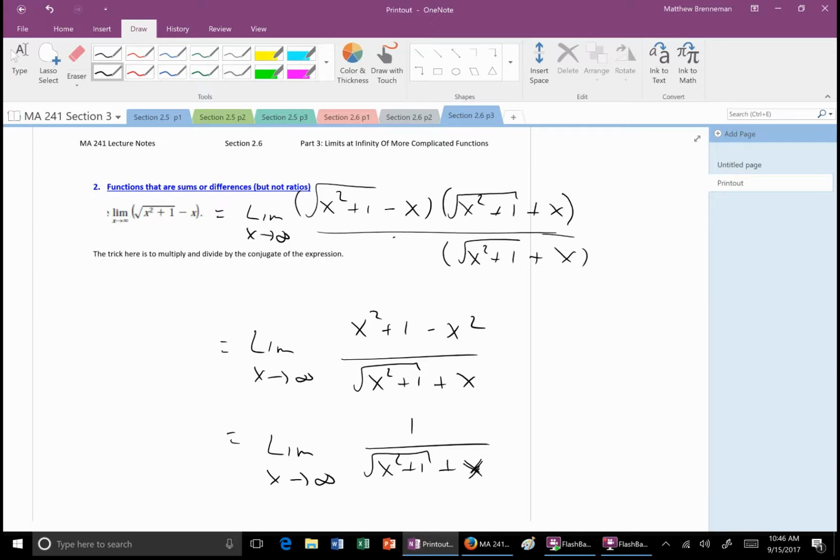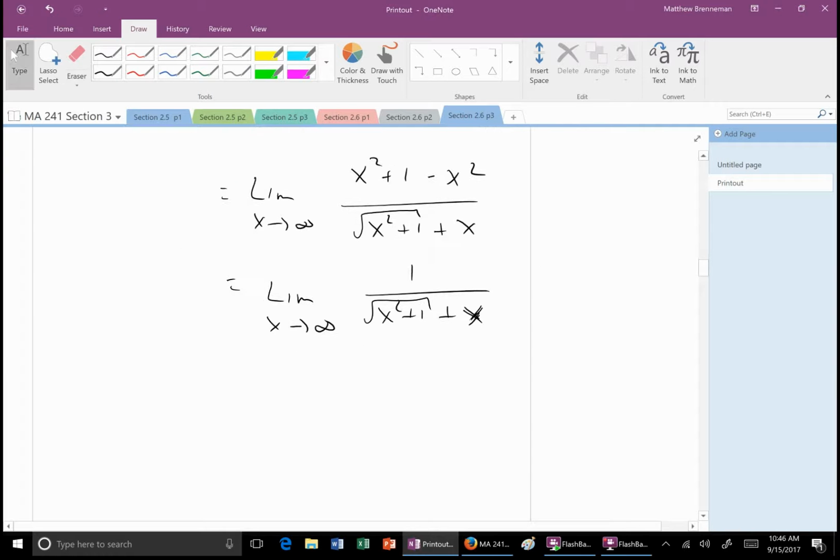So what I'm going to do here when I have this situation is look inside the root and find the leading power in the root. The leading power in this root is x squared. That's the leading term. I'm going to drop everything else in the root. And let's see what we get.